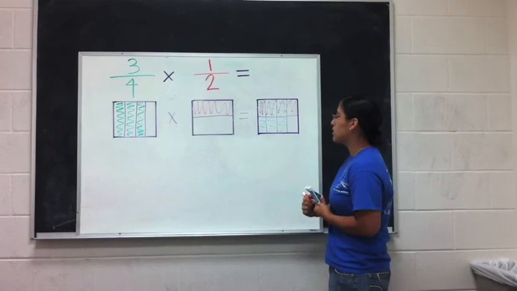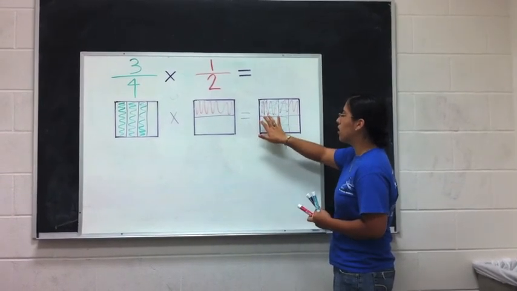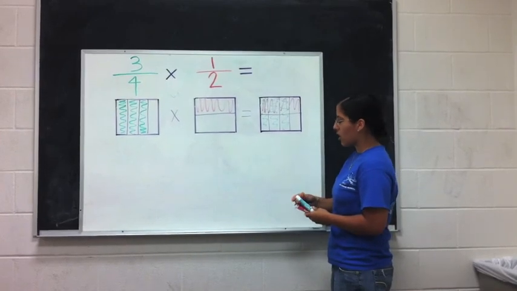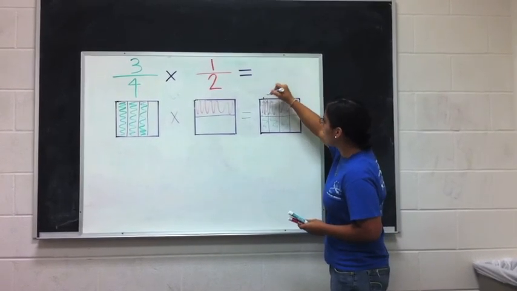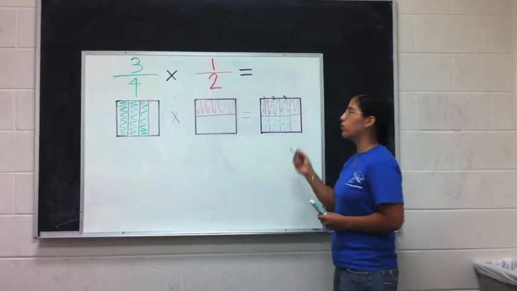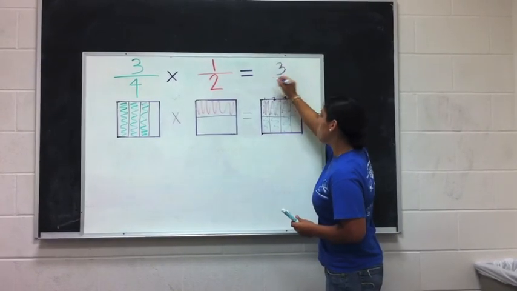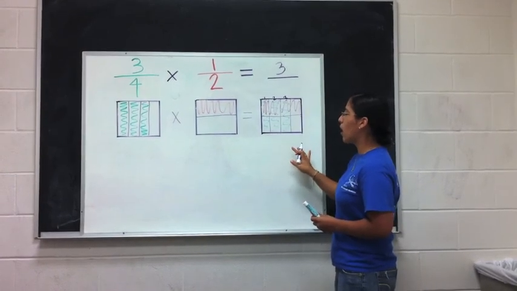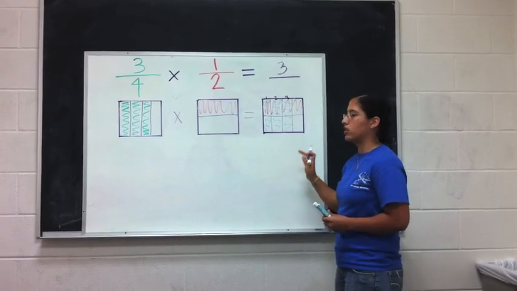To get our answer, we will count the number of boxes that are shaded with both the red and the green, which is 1, 2, 3. So our numerator will be 3. And the total number of boxes within the bigger box will show us our denominator.